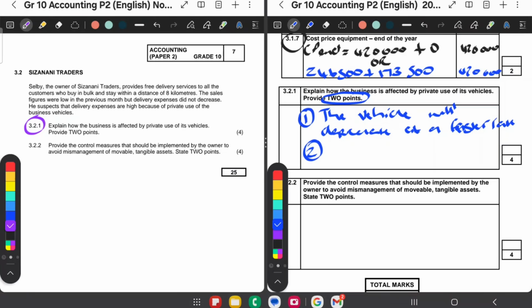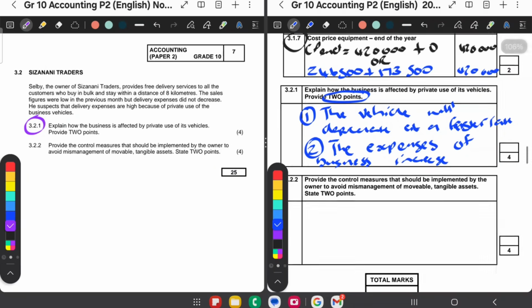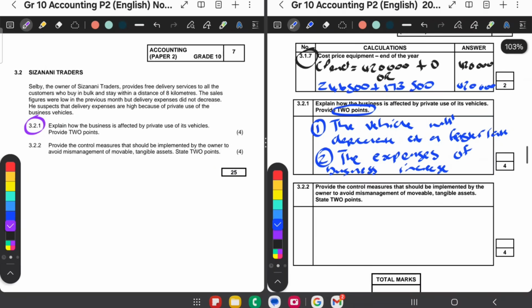Number 2, the expenses of the business will increase because you are using the vehicle, which means you are using petrol or diesel. And also, the more you use a vehicle, the more we must repair the vehicle. So this is the effect this will have on the business.